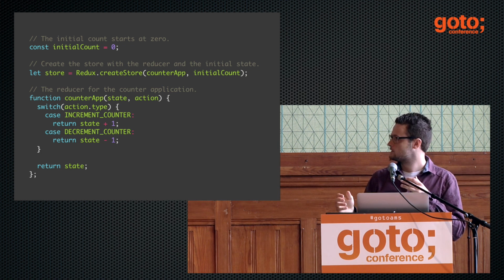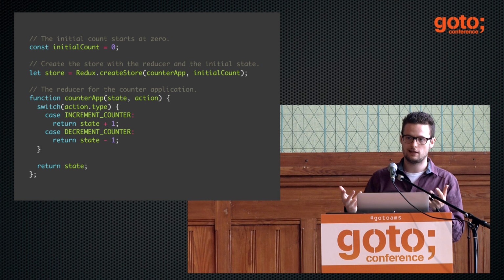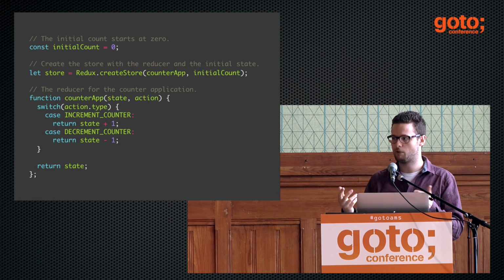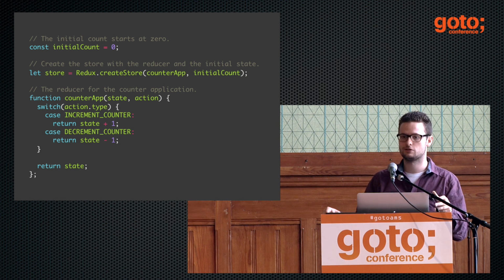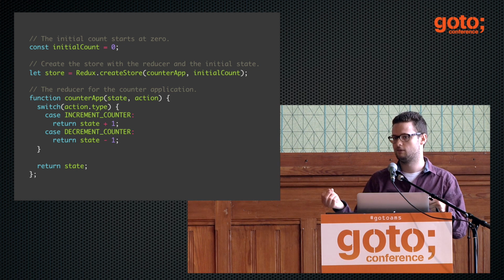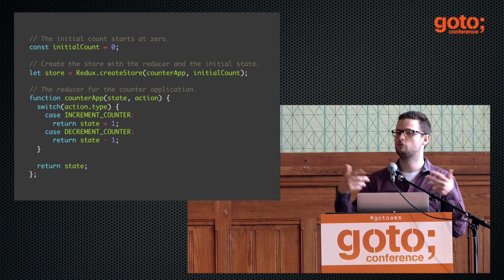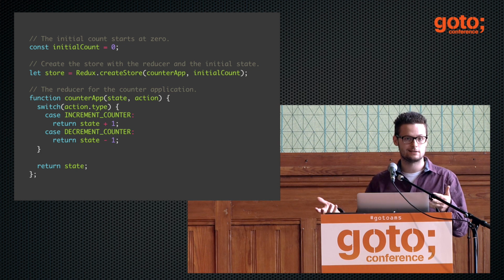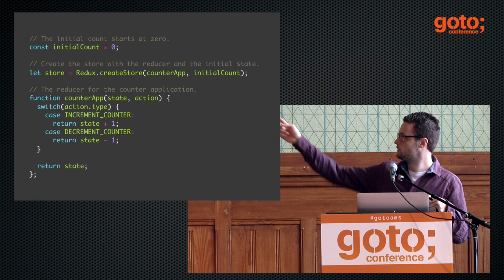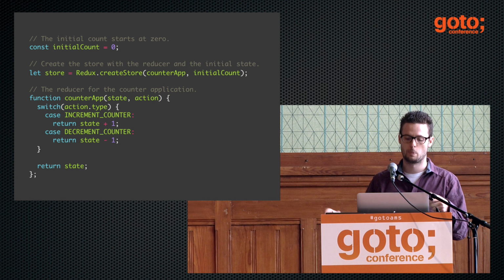And a reducer is a function which takes the old state and an action to apply to that state. And there are a couple of rules with the reducer. The first rule is that a reducer must be pure. So that means that we can never manipulate the old state directly. We always need to create a new copy. And the second rule is that whenever you encounter an action that you don't know, you simply return the state.